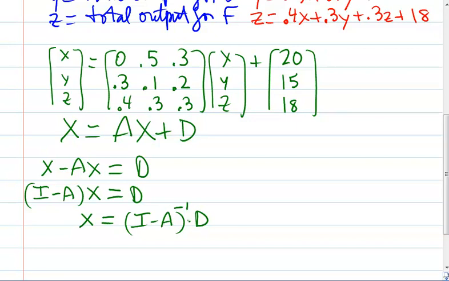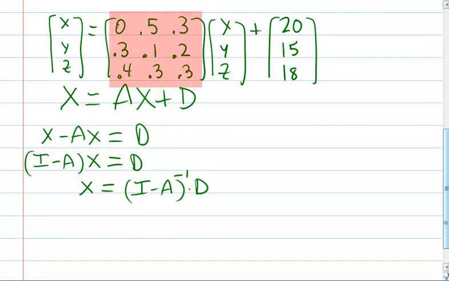So every input-output analysis problem will have this as the solution. I have my matrix A here and my demand matrix here. And for these two, I want to calculate I minus A inverse times D. And I'm going to go to MATLAB to do that.